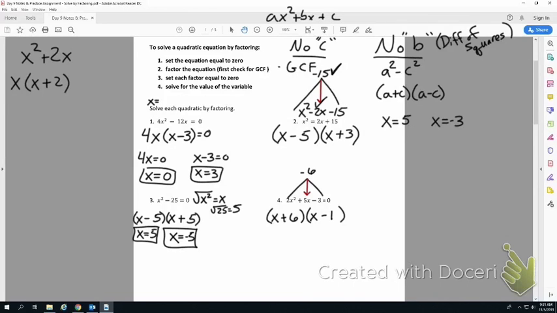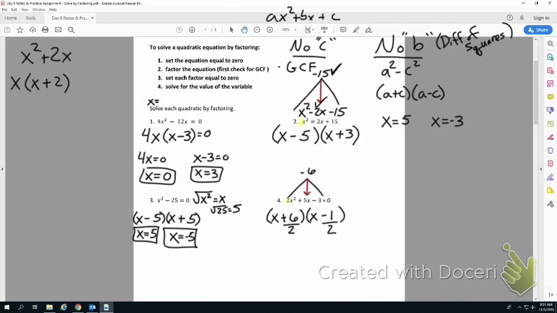Now, this problem is a little bit different than number 2, and it's all because it has a leading coefficient other than 1. On number 2, x squared just had 1 in front of it. This one does not. So whenever you have that leading coefficient, that adds one little step. I'm going to try to divide both of those factors by whatever that leading coefficient is.